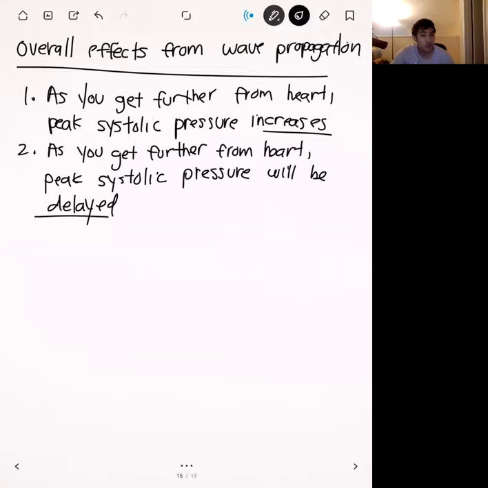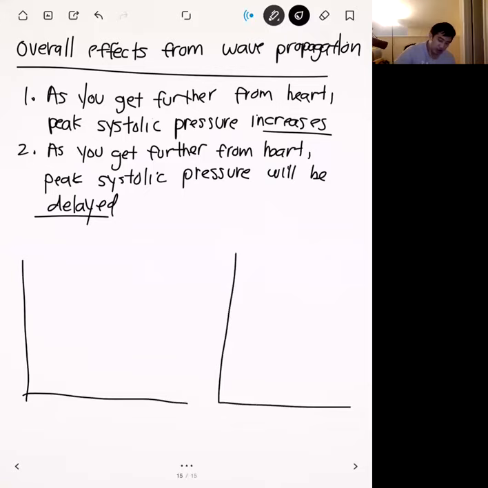And again, this is a consequence of the wave interactions. And so if we draw two comparison graphs, let's say that this here is near the heart, and this here is far from the heart.